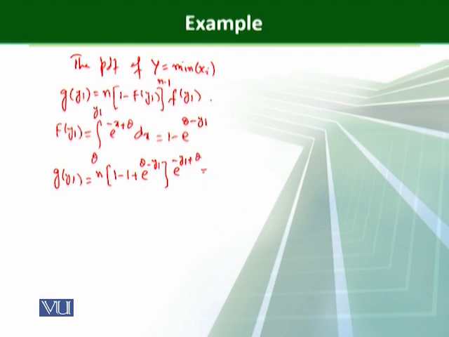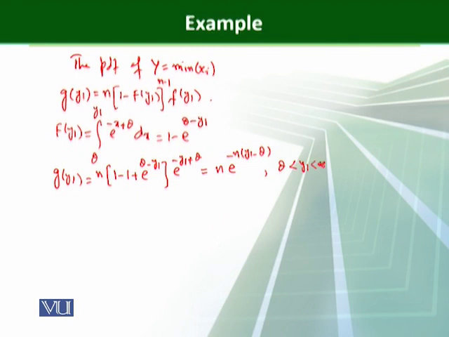When we solve this, we obtain n times e raised to power minus n (y1 minus theta), which ranges from theta less than y1 less than infinity.